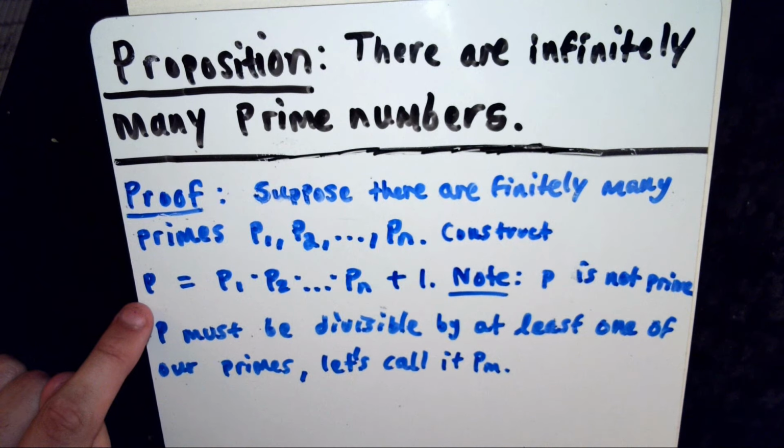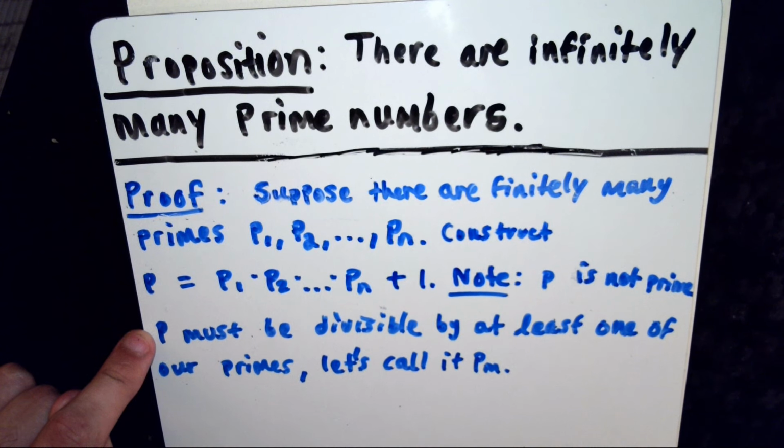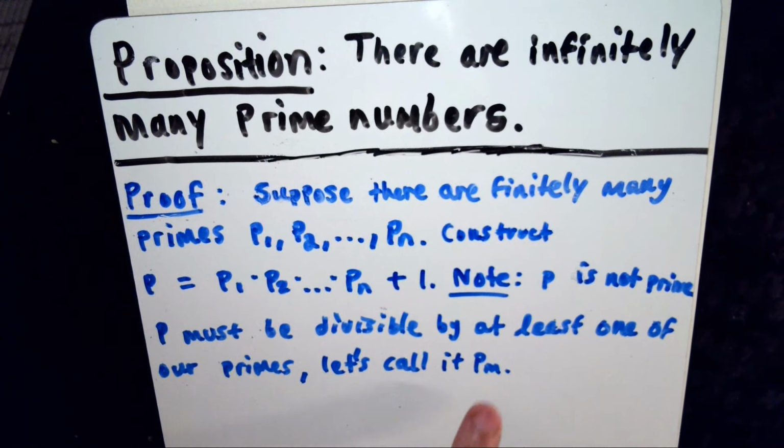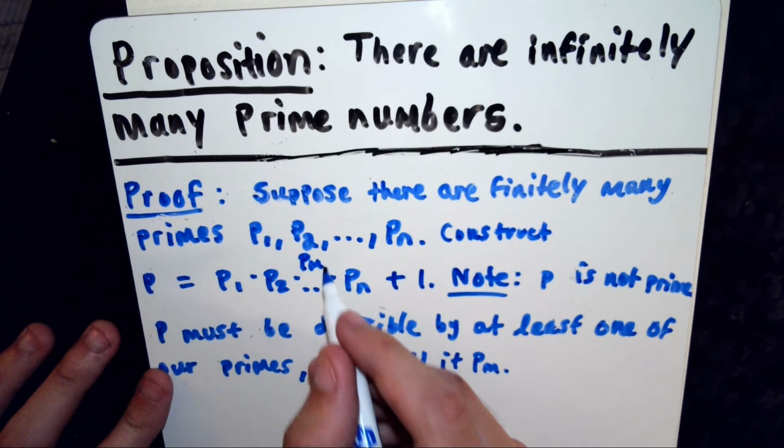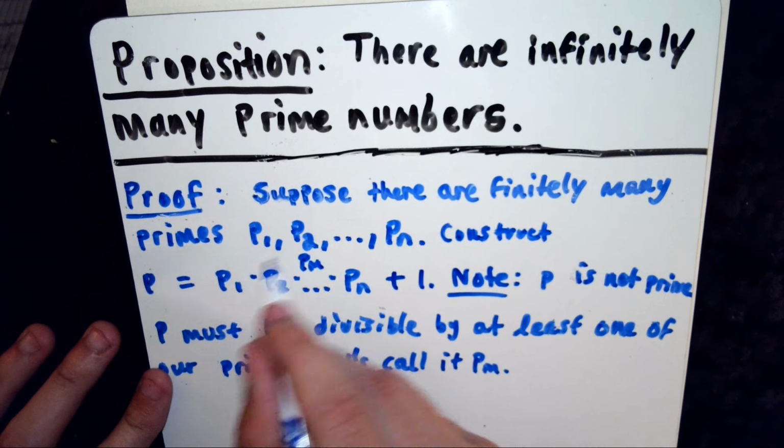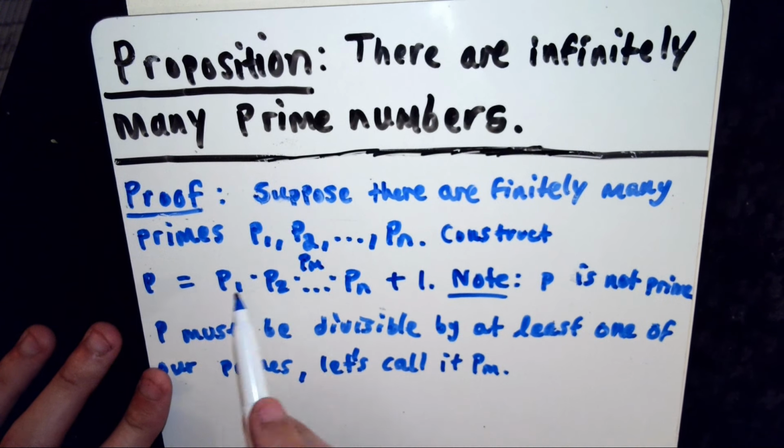Now if you think about it, you can kind of see why we have a contradiction now. So we have that P must be divisible by at least one of our primes P sub m. Remember, P sub m lives somewhere up here. We don't know which index we're talking about, but P sub m is one of these primes.